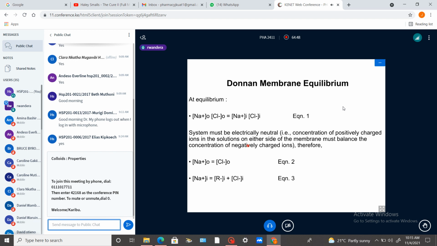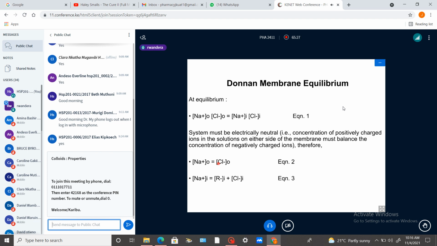So the concentration of your positively charged ions in solution on either side of the membrane must balance the concentration of your negatively charged ions. So at equilibrium, to achieve electroneutrality, the concentration of your sodium ions on the outside of your membrane must also balance the concentration of your chloride ions on the outside of the membrane for your system to be electrically neutral.